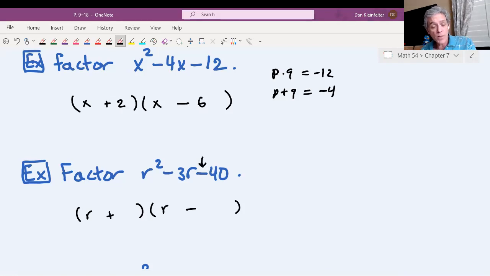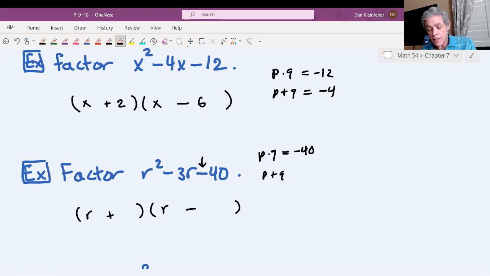So we're looking for two numbers that multiply to negative 40. And that sounds like 8 and 5, 10 and 4. 8 and 5 differ by 3. I mean, we'll have to play around with the pluses and minuses to get that worked out, but 8 and 5 differ by 3. 10 and 4 differ by 6. And so we're going to want 8 and 5.